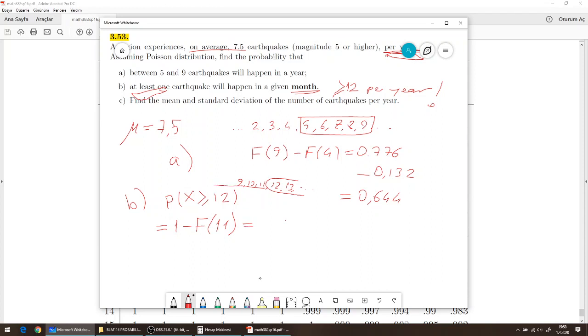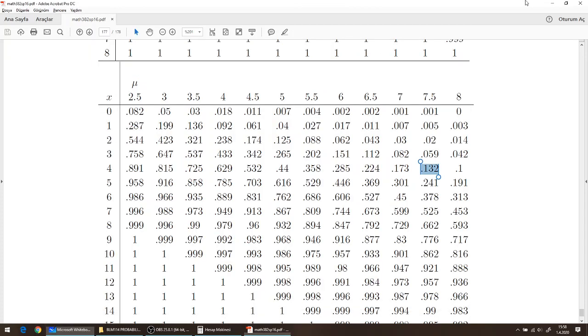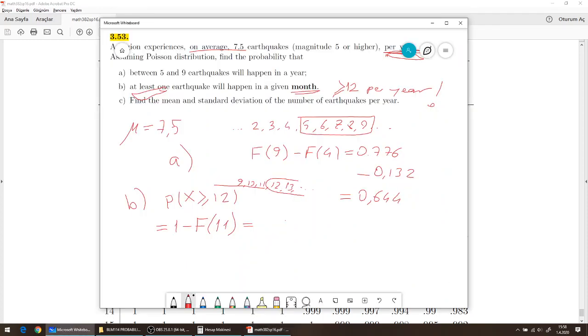Let's find it. Again, with the same mu, that is 7.5, we need uppercase F of 11.